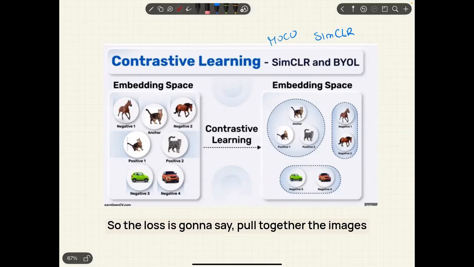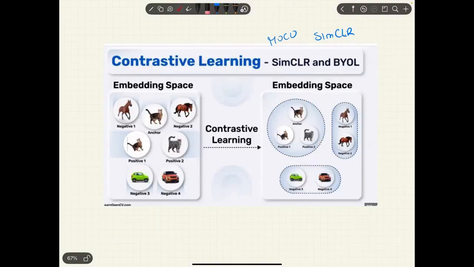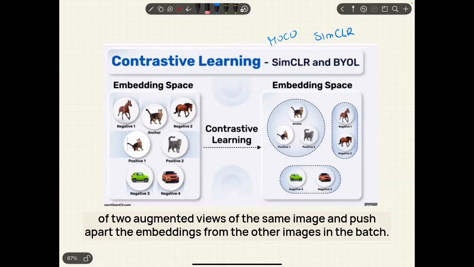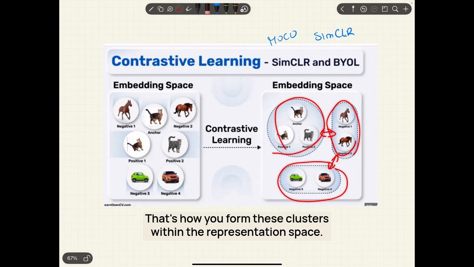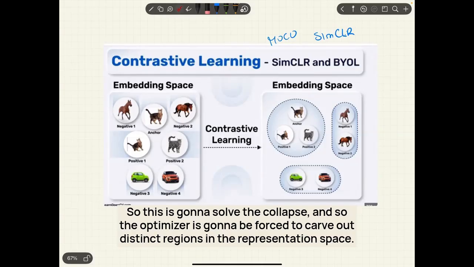The loss is going to say, pull together the embeddings of two augmented views of the same image and push apart the embeddings from the other images in the batch. These are the negatives. And as you pull things apart, the other things are going to group together, and that's how you form these clusters within the representation space. So this is going to solve the collapse, and the optimizer is going to be forced to carve out distinct regions in the representation space.